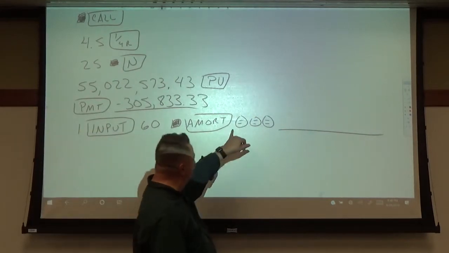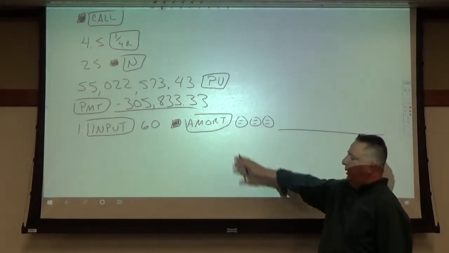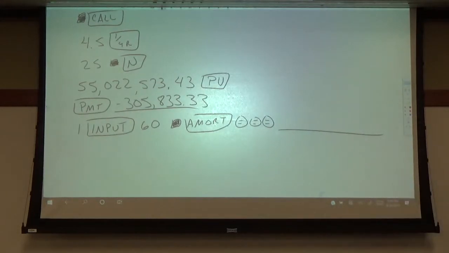And what it's going to do is when you hit the equal the first time, it's going to give you the principal amount.